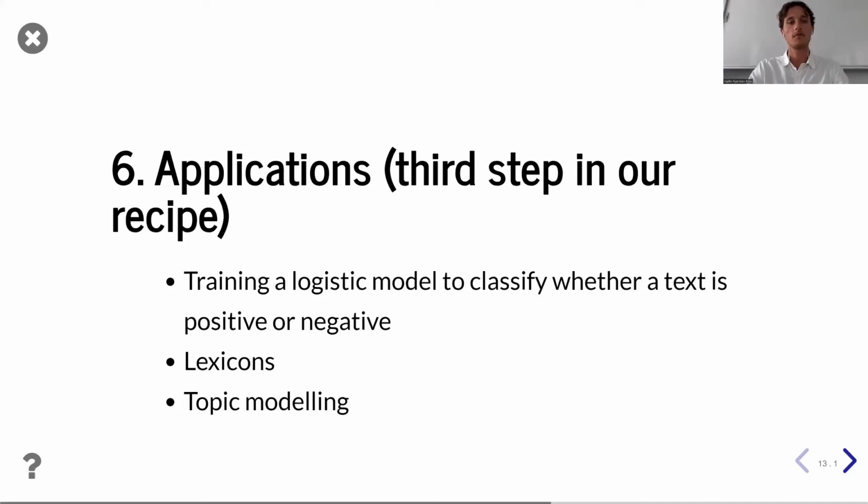So you will learn about 3 applications. The first one is training a logistic model to classify whether text is positive or negative. The second one is using lexicons to analyze text data and specify whether a text has a positive or negative sentiment.